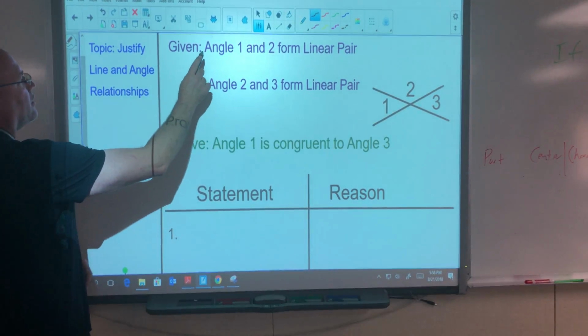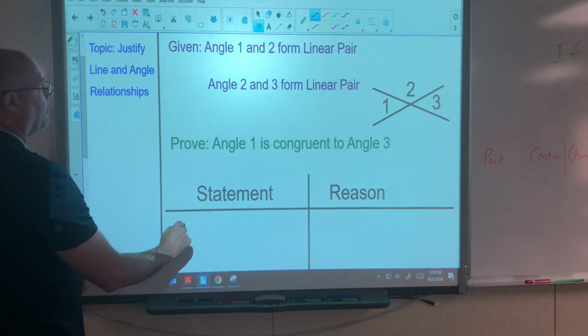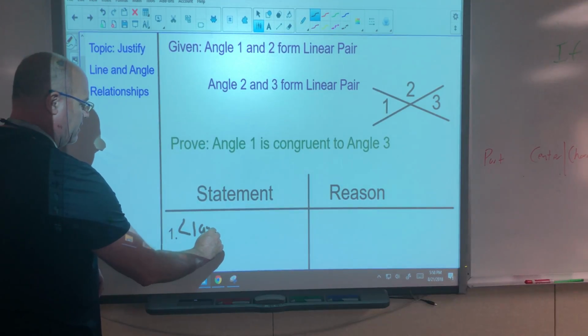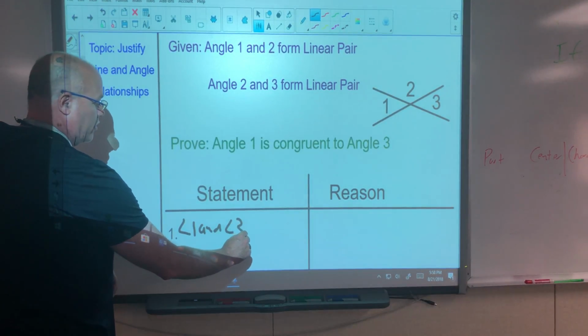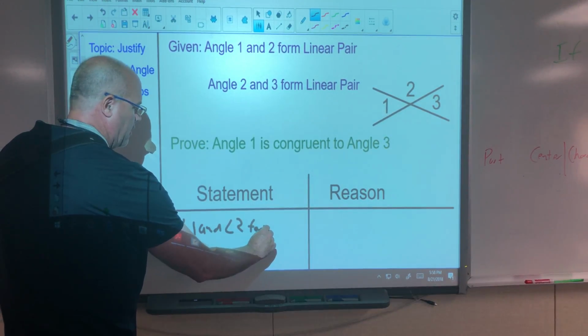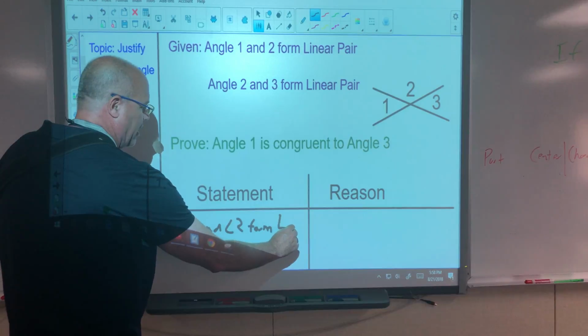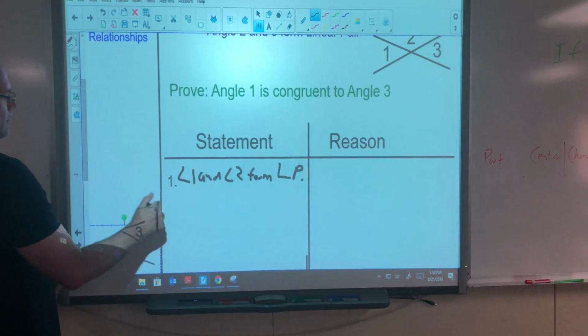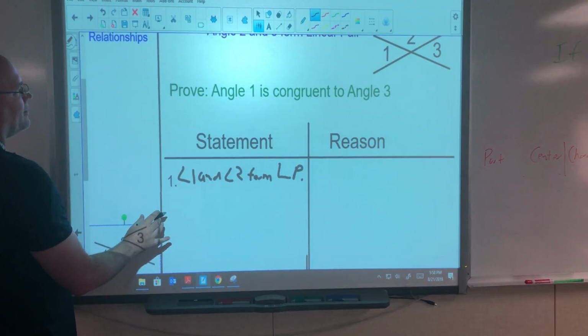That's right. The first statement is what's given. We want to say that angle 1 and angle 2 form a linear pair. I'm just going to write LP for right now. Linear pair. Okay, I can do another statement.